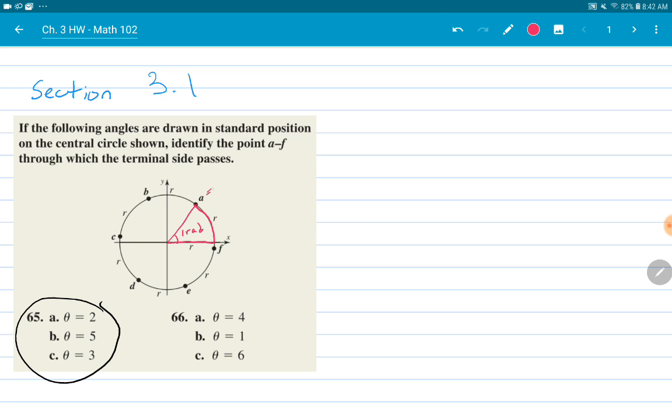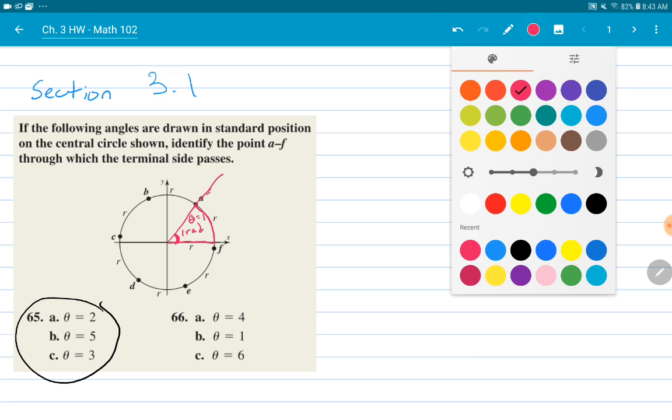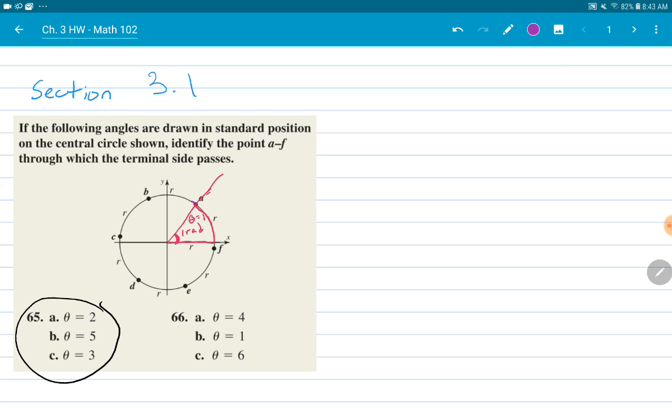So this angle that has terminal point A, theta is 1. And similarly, I'm going to do another color, another radius here, so that measures a radius.